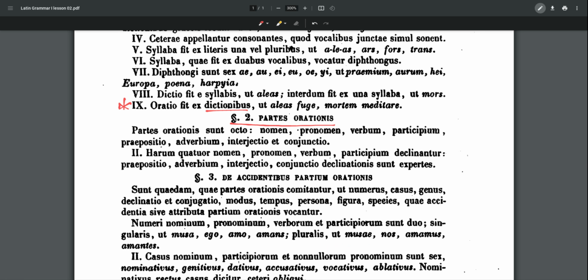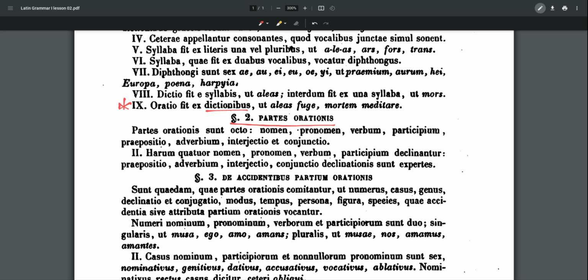But we know that there are thousands and thousands of Latin words, so how would we possibly study all of the words of the Latin language? How could we ever gain a mastery of the language if we have to study all of the words? That would be impossible. Well, what wise men have figured out for us is that even though there are thousands and thousands of words, all of the different words can be grouped into 8 different classes.